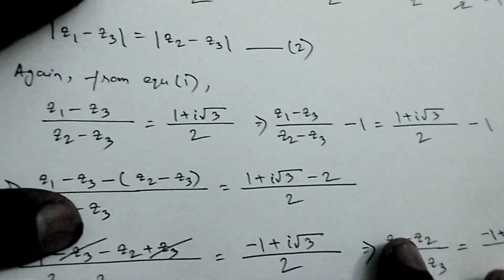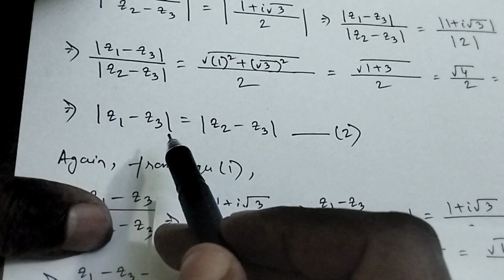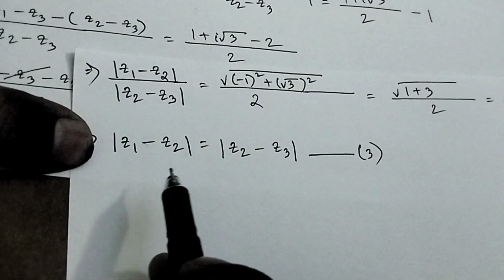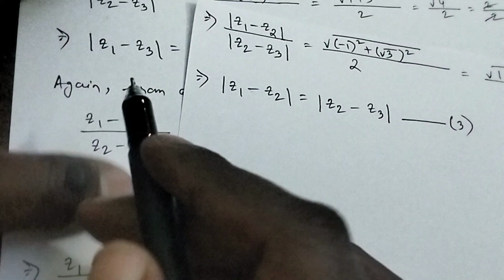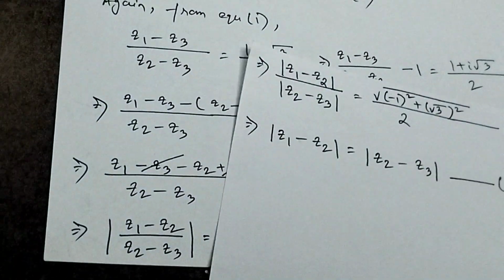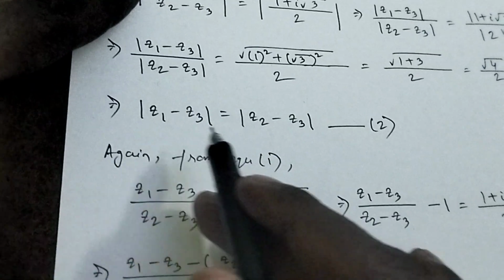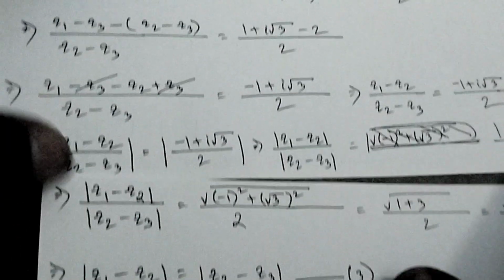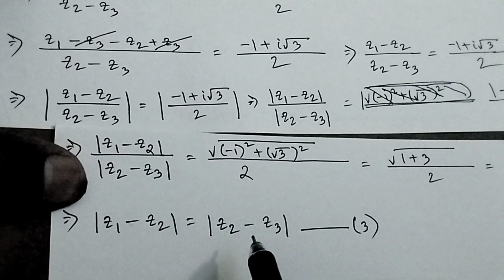Equation 2 was this one: |z1 - z3| is the same as |z2 - z3|. And here |z1 - z2| is equal to |z2 - z3|. That means, watch carefully, the distance between z1 and z3 is the same as the distance between z2 and z3, and the distance between z1 and z2 is the same as z2 and z3.